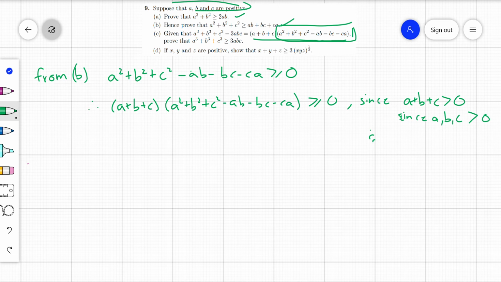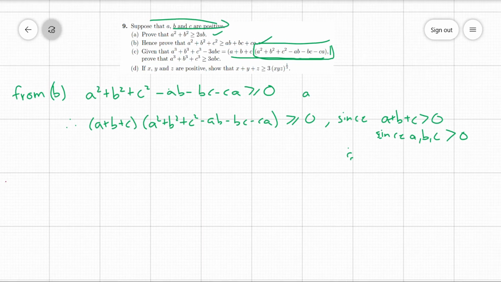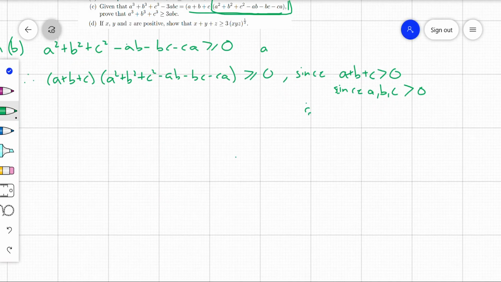So perhaps if I say from b, and we are given a, b and c are positive, a plus b plus c has to be positive.